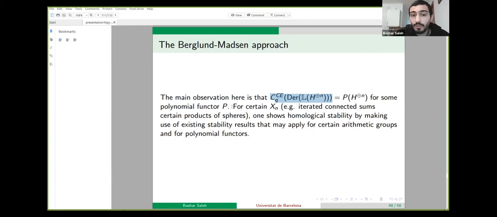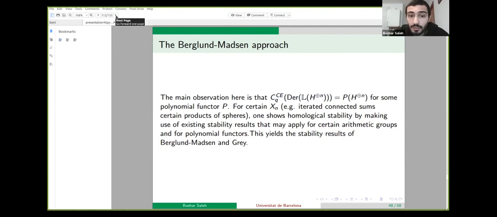And there is such a polynomial functor P. And for certain Xn, for instance, iterated connected sums of certain products of spheres, Berlin, Madsen, and Gray show homological stability by making use of already existing stability results that may apply for certain arithmetic groups and for polynomial functors. So they really use this property of being a polynomial functor in order to prove their stability results.